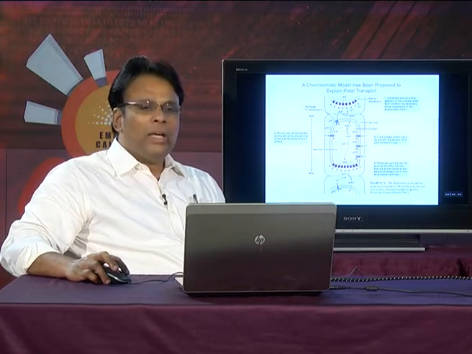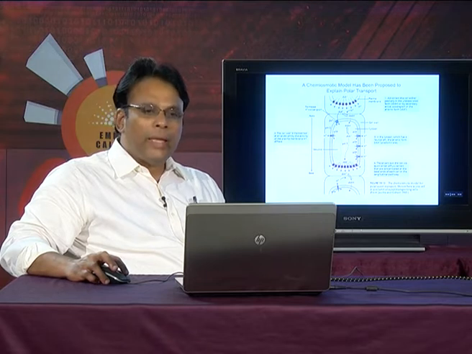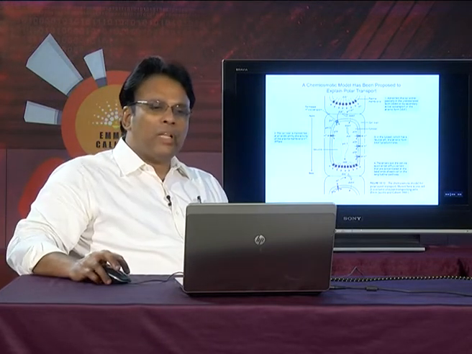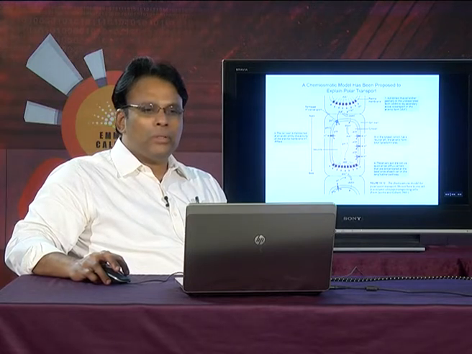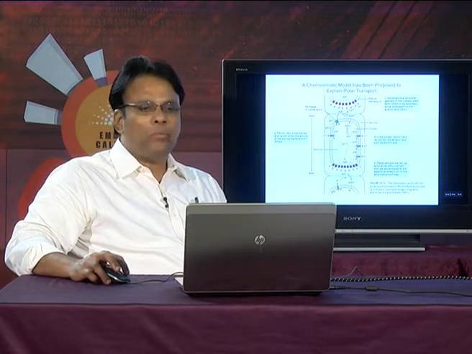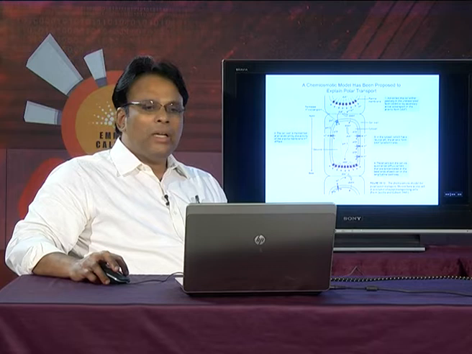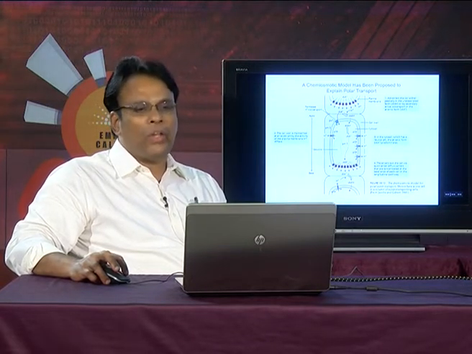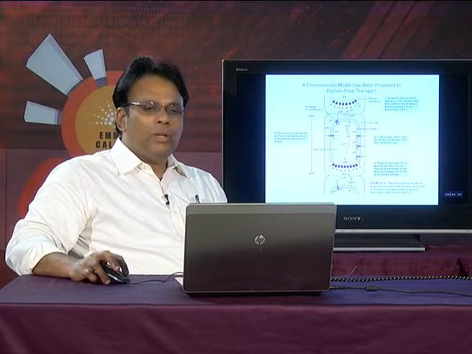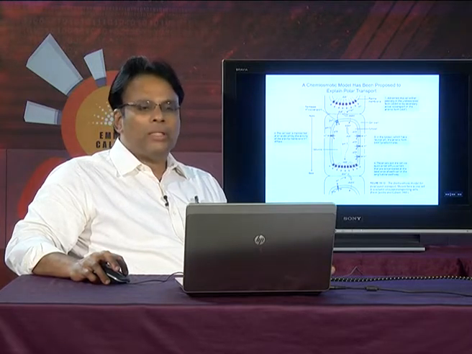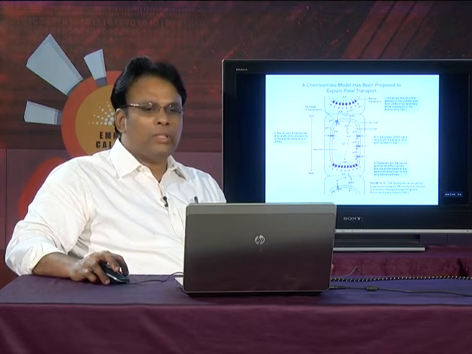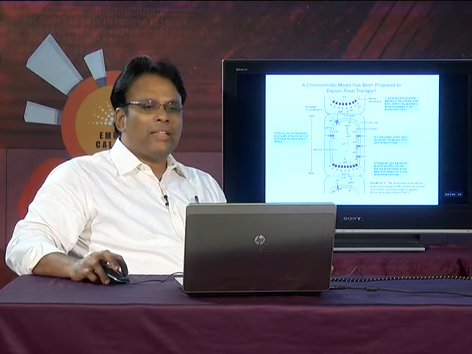One is the IAA can link up with a proton and form IAAH and then move inside. The other way is a symport system wherein it moves along with the protons. It can enter as an anion, but it can go along with a cation only, that is a proton, and both simultaneously move in. We call it a symport system, and for this an energy requirement is there.